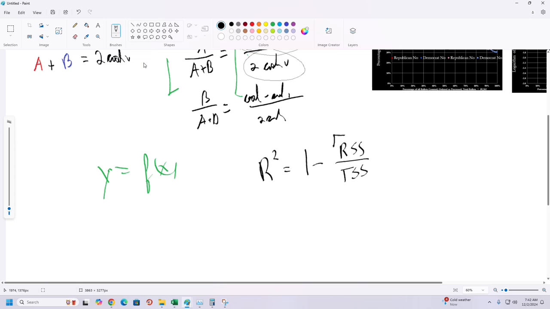The residual sum of squares is how much your function missed by against the actual data. The total sum of squares is how much the baseline average as a model misses. Okay. So, if you really look at this, it says r squared equals TSS minus RSS over TSS. Oh, that's interesting.